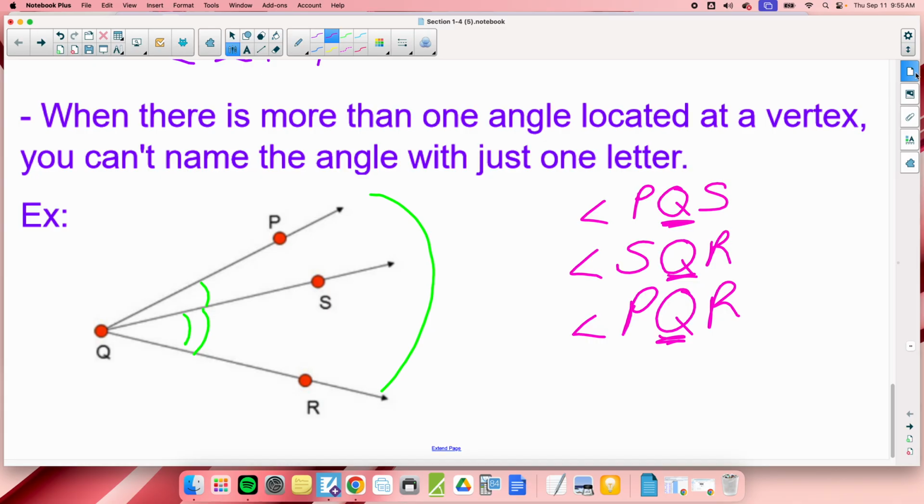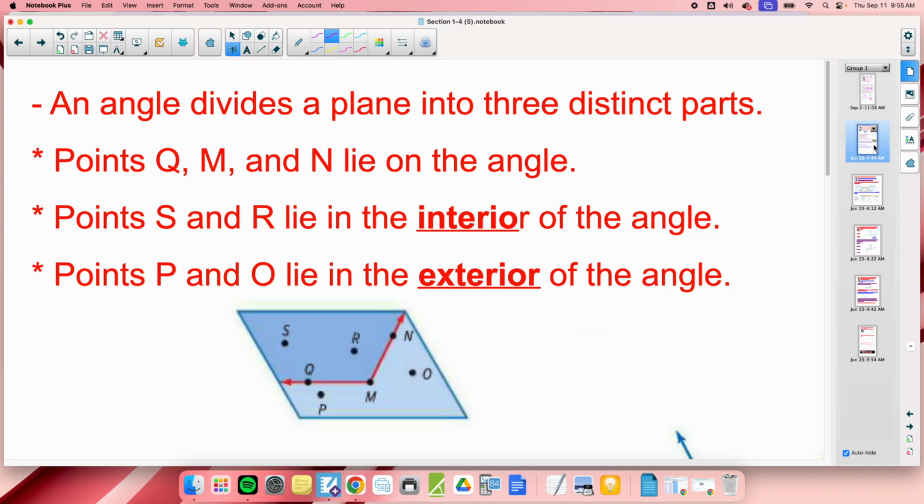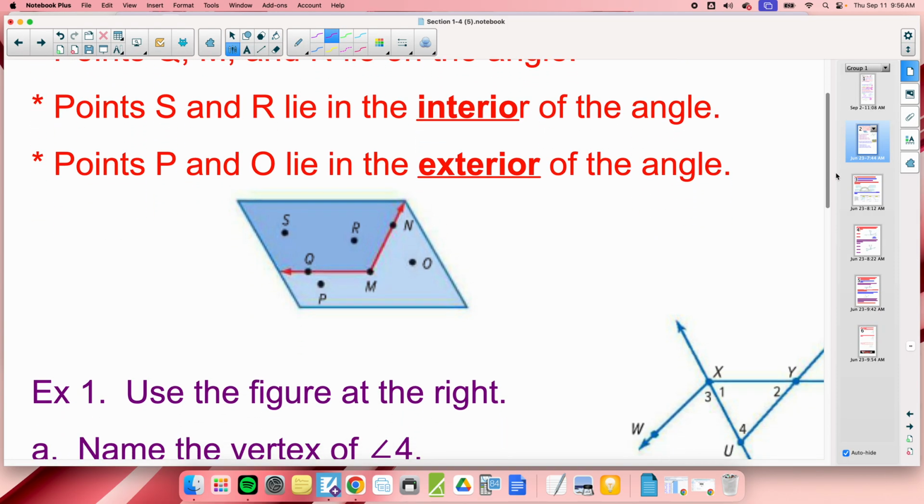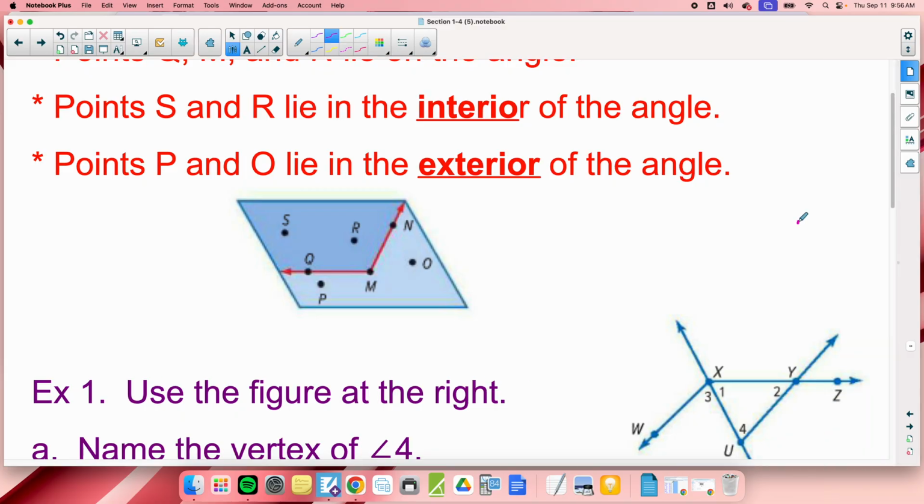So now let's go here. This is pretty obvious, but you can have an angle and they'll ask you to name a point in the interior of the angle. Interior means inside. So like S and R are in the inside of that angle.